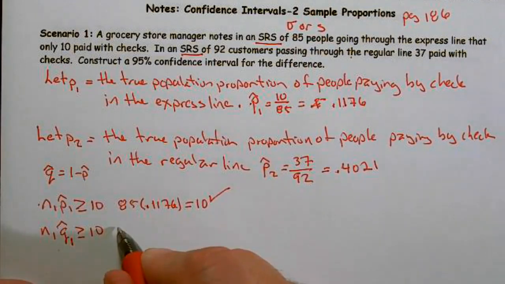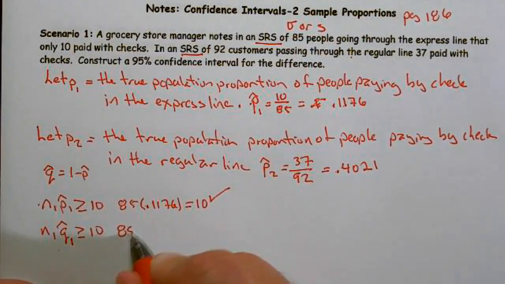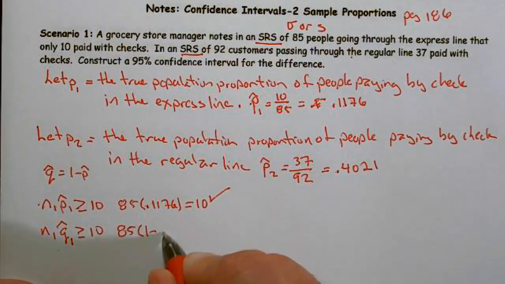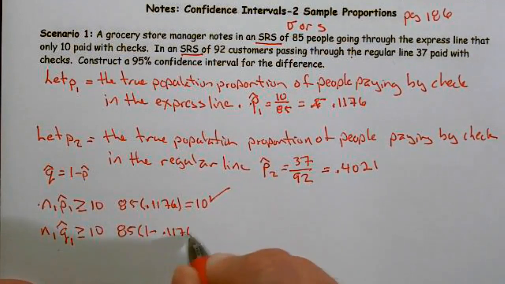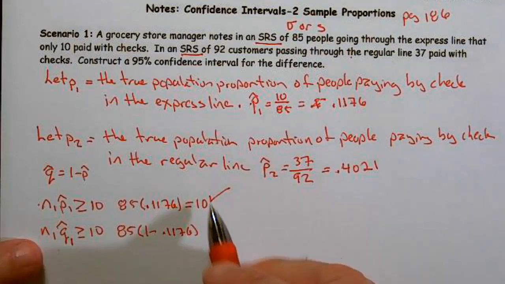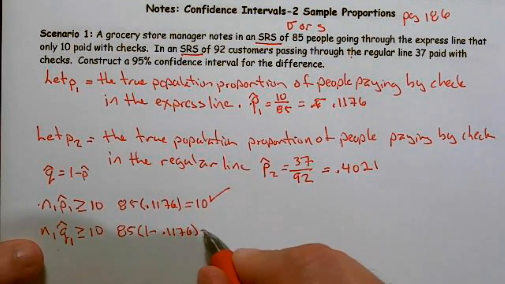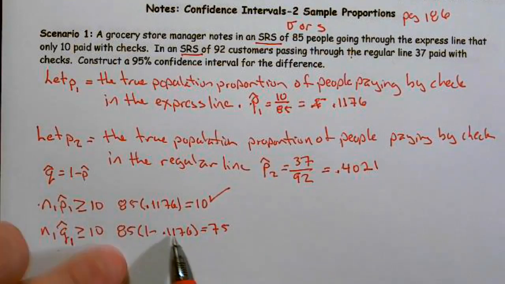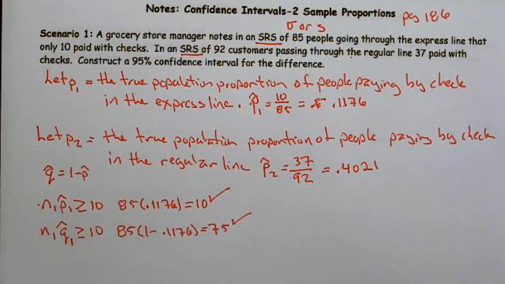We do the next one, it's 85 times q hat, which is 1 minus 0.1176. And when I multiply that out, I end up getting 75. Please make sure that you subtract before you multiply. And you go, okay, well, they're both bigger than 10.